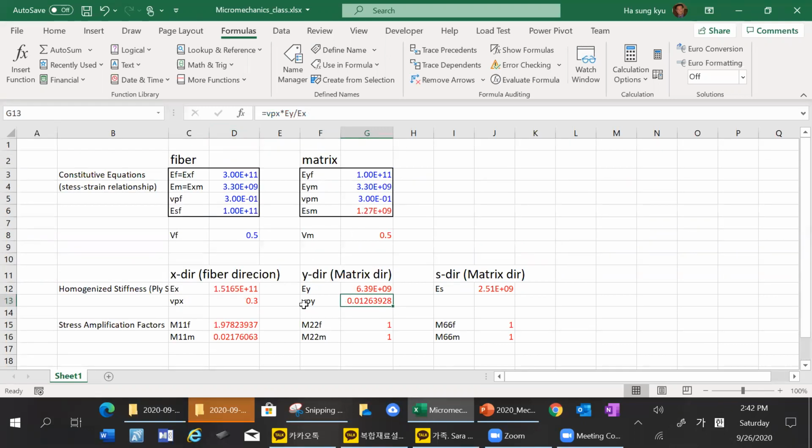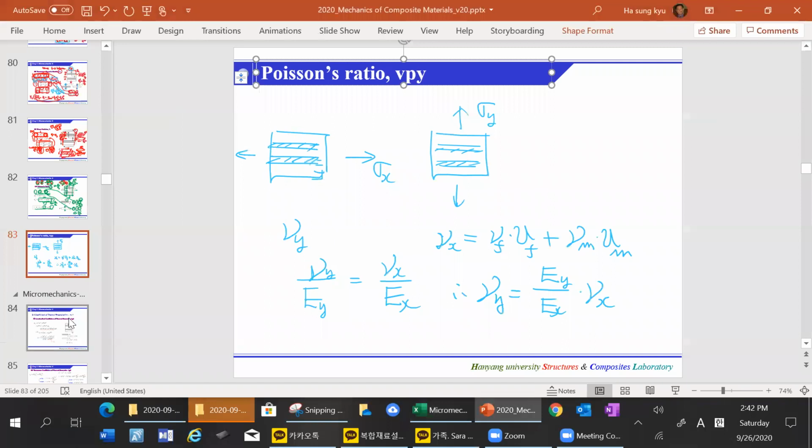And as you can see, x-directional Poisson's ratio is much larger than Poisson's ratio in y direction. Okay, let's continue.